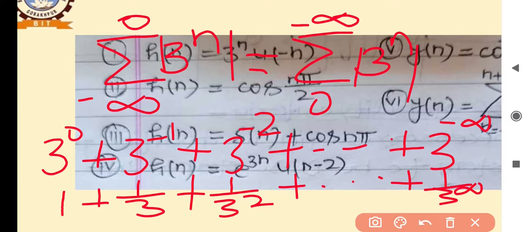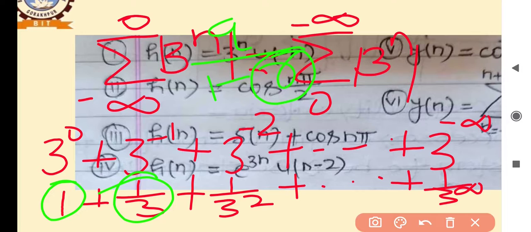This is a GP of infinite terms, and to calculate the summation of this GP we have the formula A upon 1 minus R. The value of A means the first term of the series, R means the common ratio which is 1 by 3. Then this summation will give 1 by 1 minus 1 by 3, which is equal to 3 by 2.